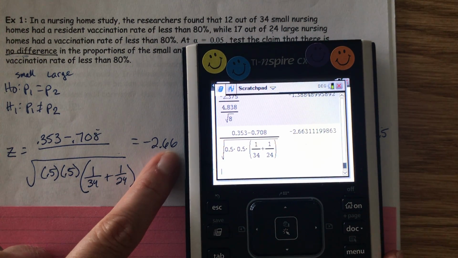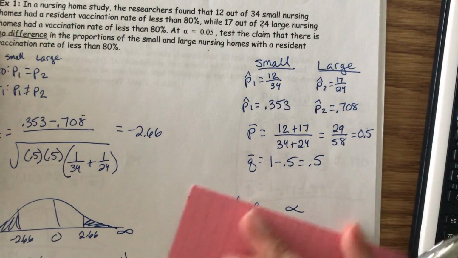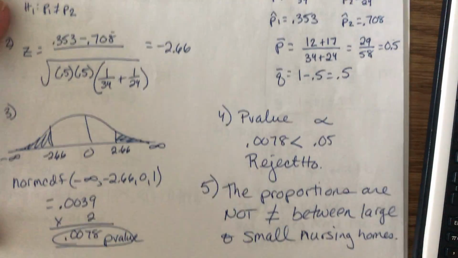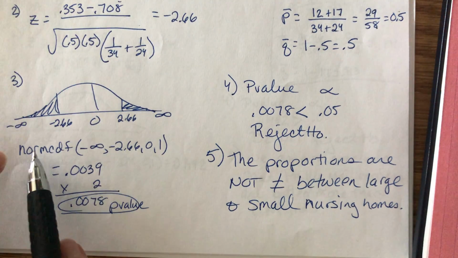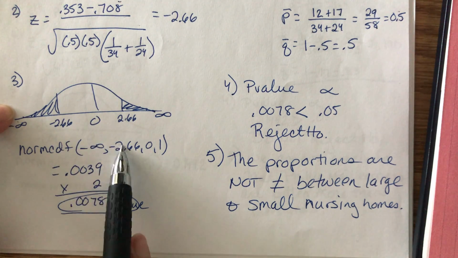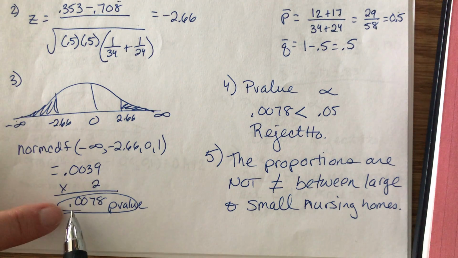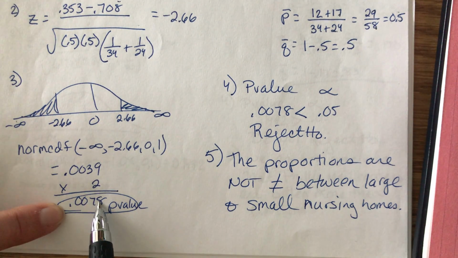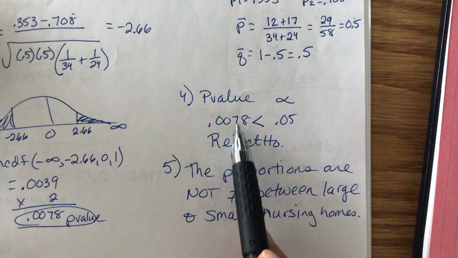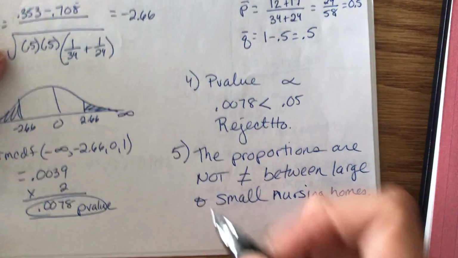Our z is negative 2.66, which means that for our p-value we have norm CDF from negative infinity to negative 2.66, which gives us this, but we have to double it, so our p-value is 0.0078. We know that that's less than our alpha, which means we reject the null hypothesis, okay? The proportions are not the same, or there is a difference.